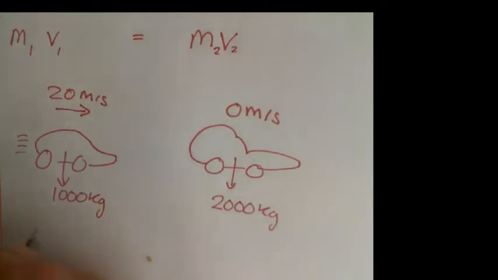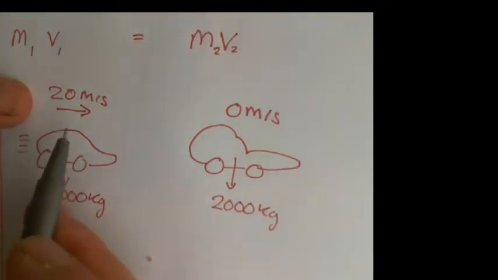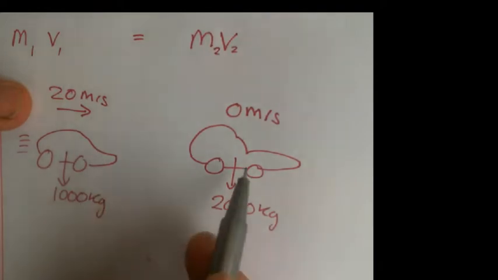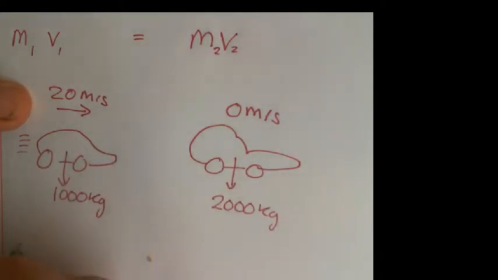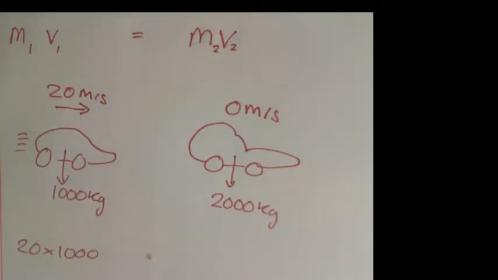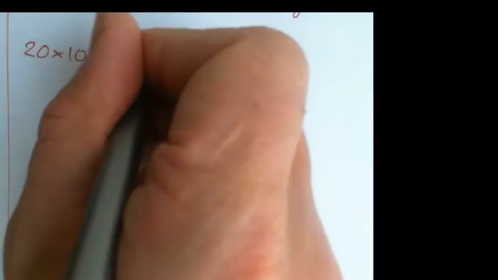Okay, so my momentum before is the momentum of these two added together, so that's 20 times 1,000, add 0 times 2,000.